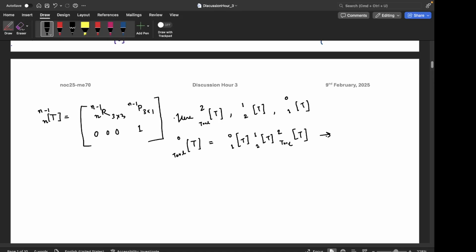Right, so this is a sequence of transformations. Okay, so now we will write each of these three matrices, and then we will multiply them, right? So let's do that.